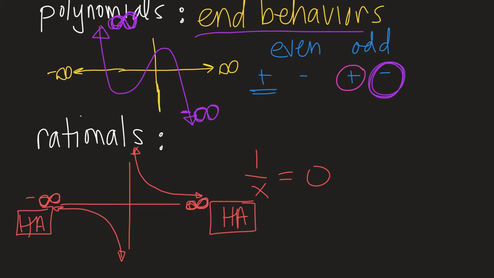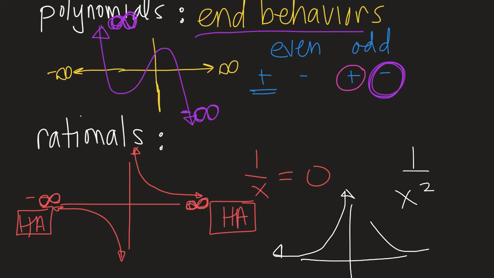But what about if we had 1 over x squared? That one is just a volcano-looking graph, because now we've made all of the y values positive. As x goes to infinities, the limit is still going to the horizontal asymptote.